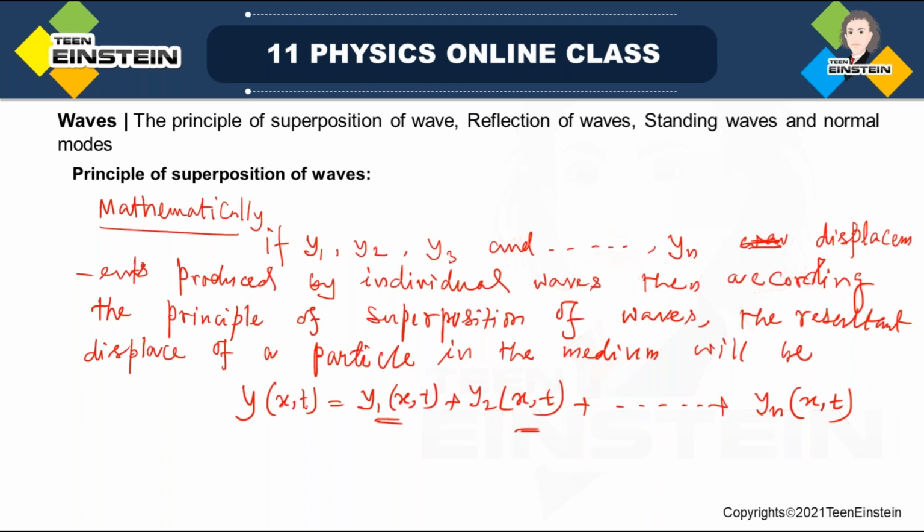Okay, so at any instant of time t, the resultant displacement of the particle will be obtained by summing algebraically all these displacements produced by each individual wave.